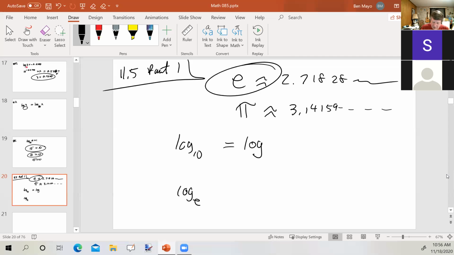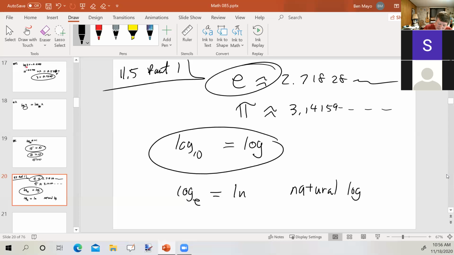Log base e is called natural log. And so what they do for log base e, they use ln. I don't know why it's not NL. Maybe it's log de naturel or French or something. I don't know. But anyway, so not only do you need to know that log base 10 is log, but log base e is ln.